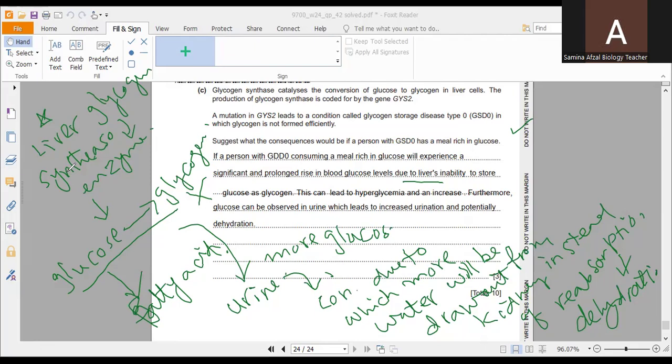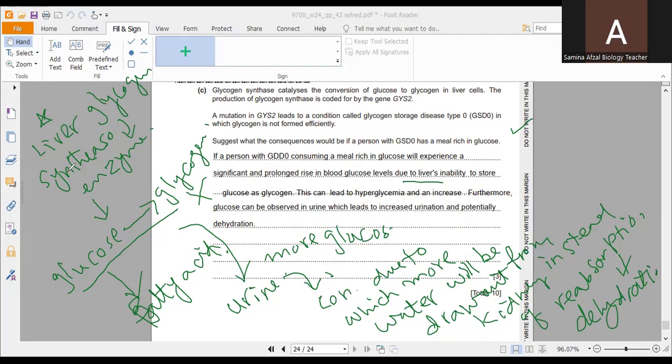And secondly, more glucose will be secreted into the urine, and due to more concentrated urine from this glucose, more water will be drawn out from the kidneys, leading to more water excretion instead of reabsorption.